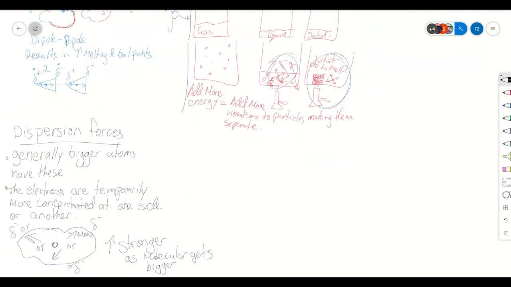No. So if my atom gets bigger, does it generally mean that I have more protons and more electrons? Or like if it gets heavier?